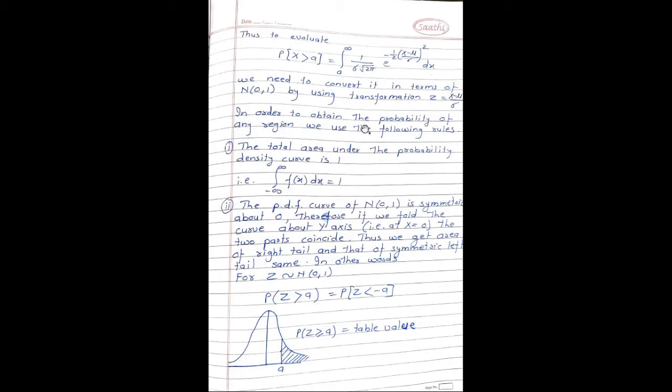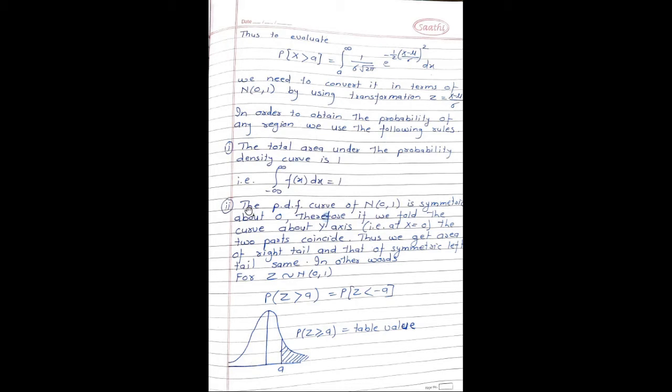In order to obtain the probability of any region, we use the following rules. First rule, the total area under the probability density curve is 1, that is, the integral from minus infinity to infinity of f(x) dx is equal to 1.